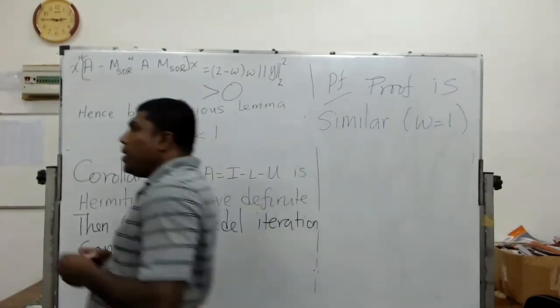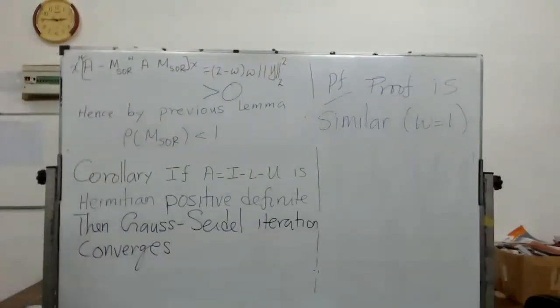So the proof is similar to the proof we just did. All you need to do is make sure omega is equal to 1 throughout your work, with those little manipulations; other than that, there is nothing special. In this case, Gauss-Seidel is also convergent because SOR converges for omega equal to 1.